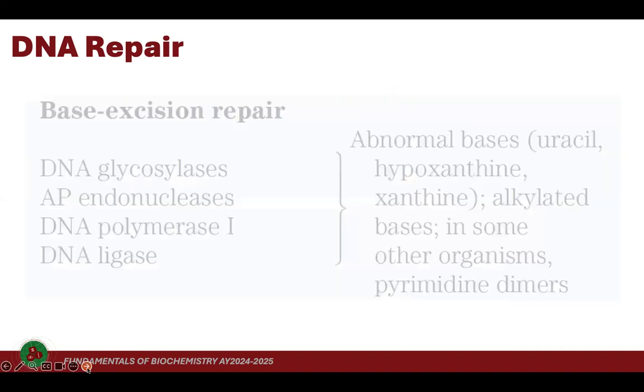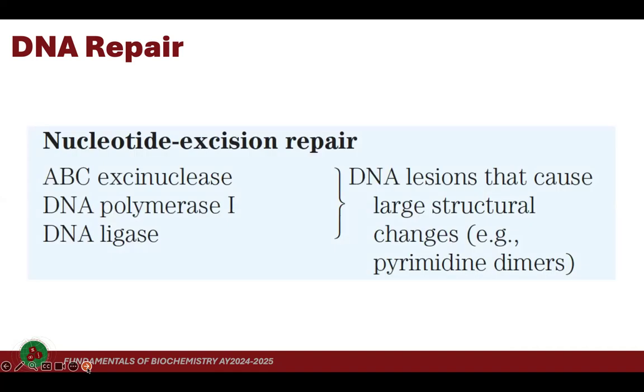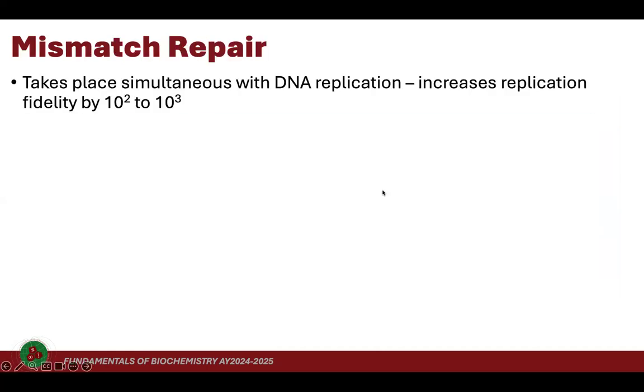mismatch repair. So the mismatch repair actually takes place during DNA replication. So again, your DNA polymerase 3 is not perfect. So sometimes, like 1 in 10 million times, it will introduce a mismatch. So with this mismatch repair system, it increases replication fidelity by a factor of 100 to 1,000.